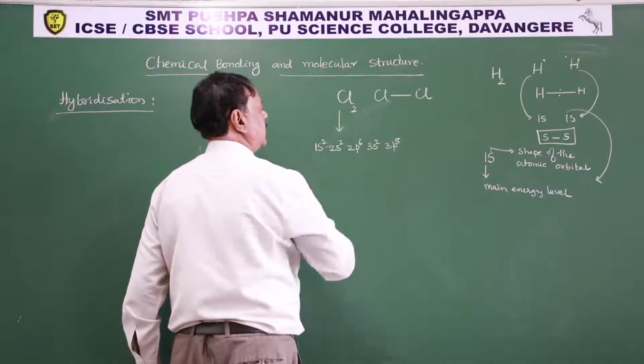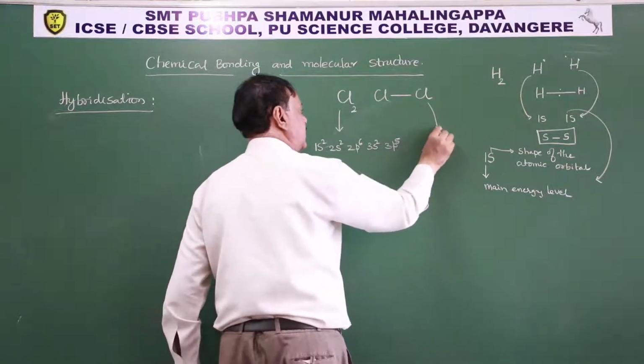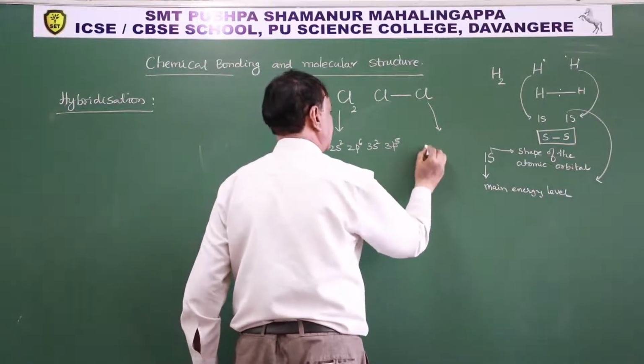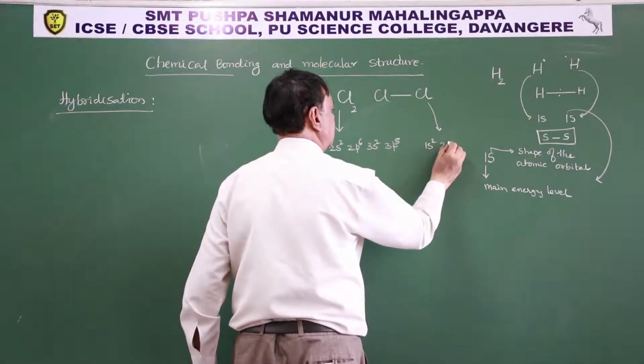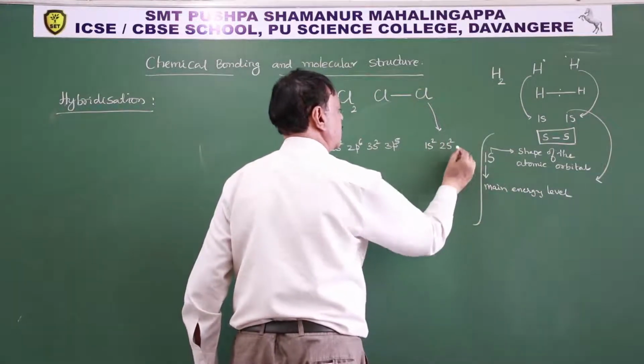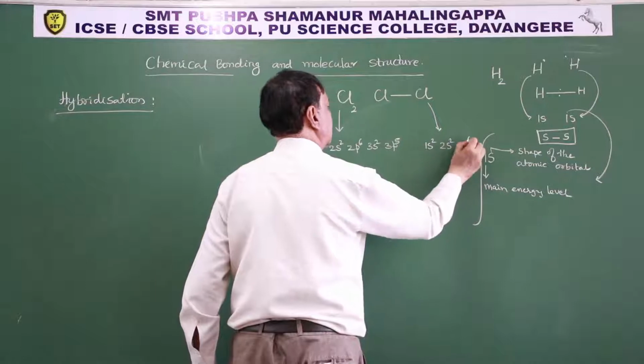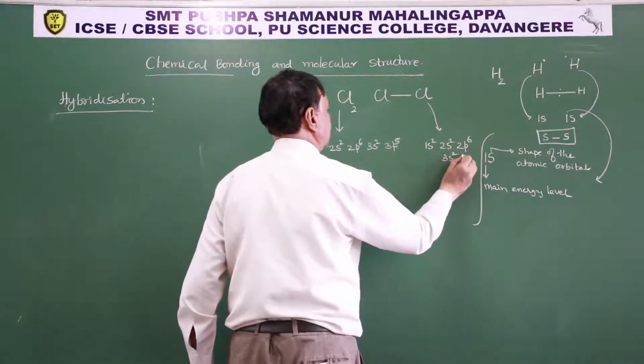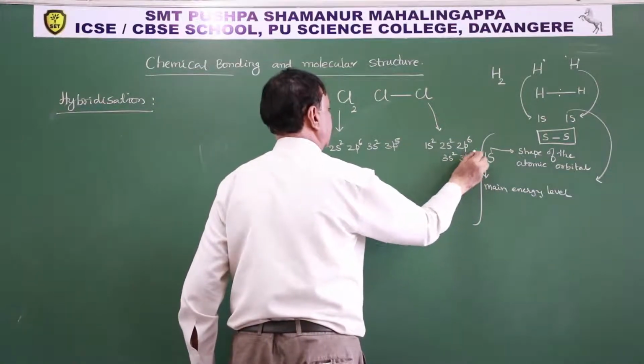And the neighboring chlorine atom also has the same electronic configuration, that is 1s2 2s2 2p6 and 3s2 3p5.